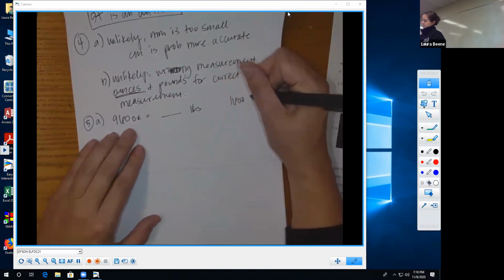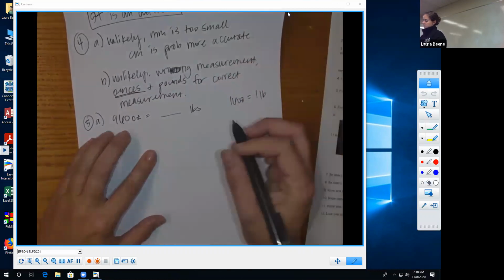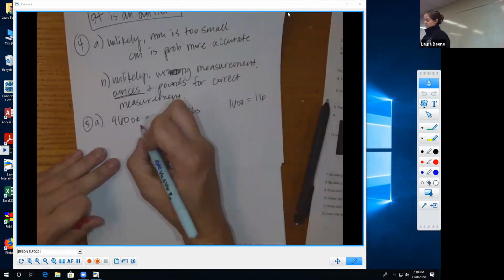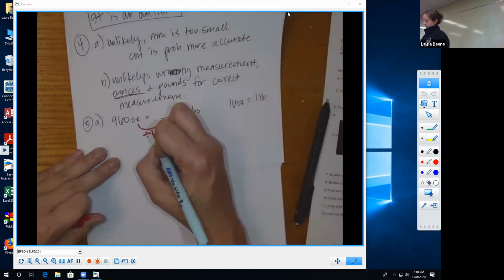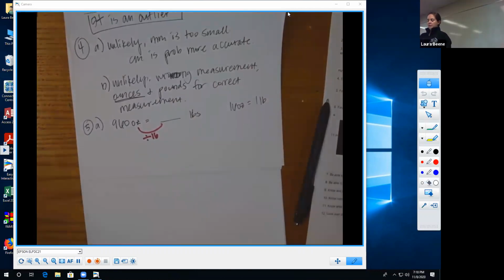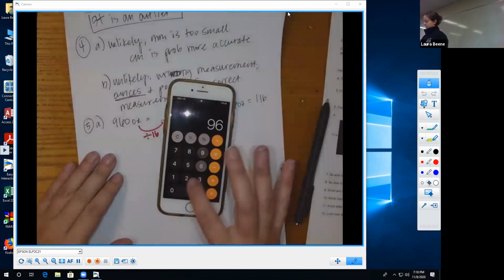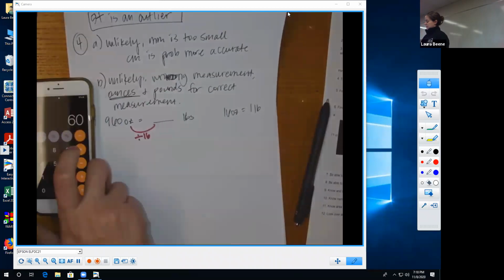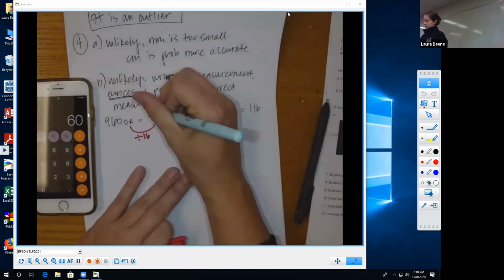So 16 ounces equal 1 pound. To go from ounces to pounds, I need to divide by the number 16. So on my calculator, 960 divided by 16 would be 60. So that would be 60 pounds.